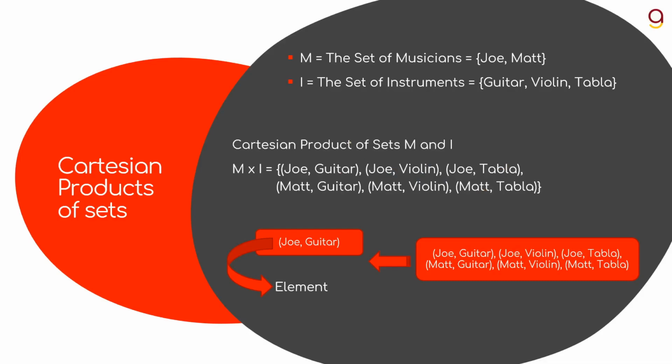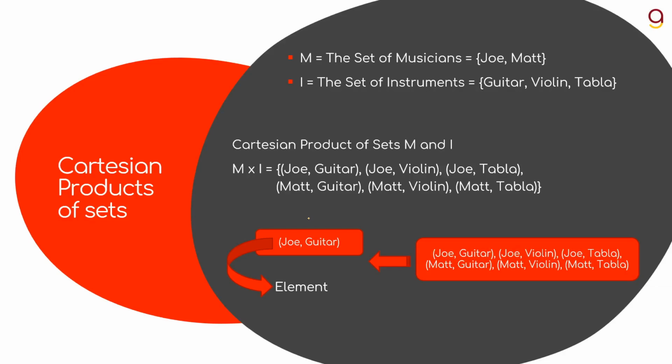Now, if we consider (Joe, guitar) to be an element and we have similarly 6 elements, and if these elements are enclosed within curly brackets, we get a set.